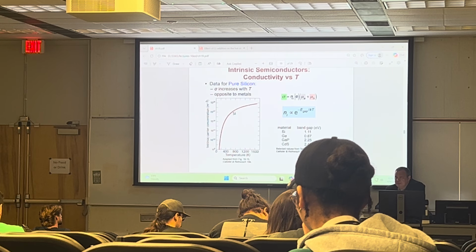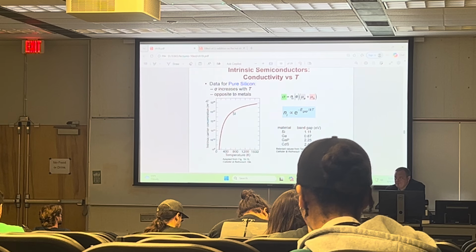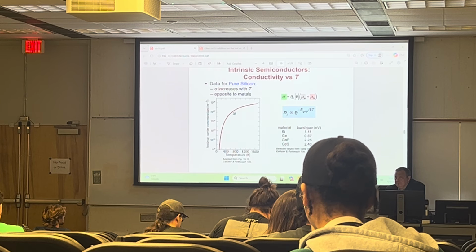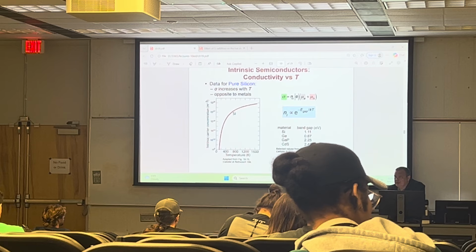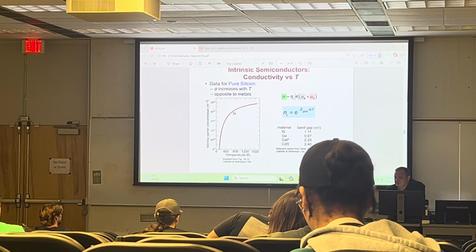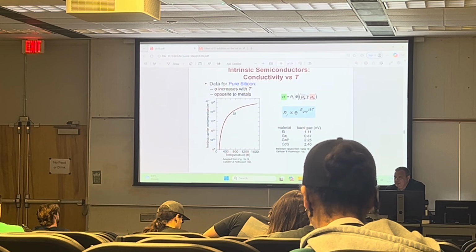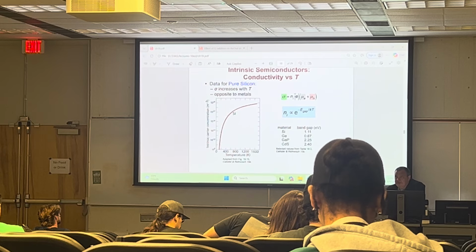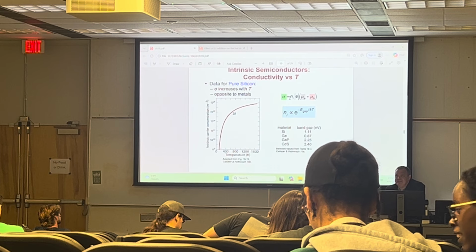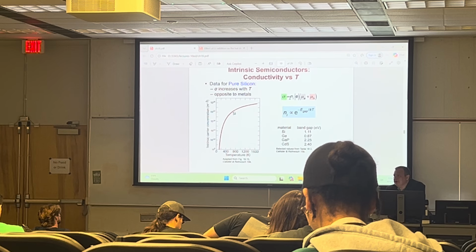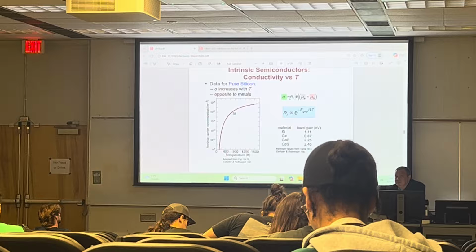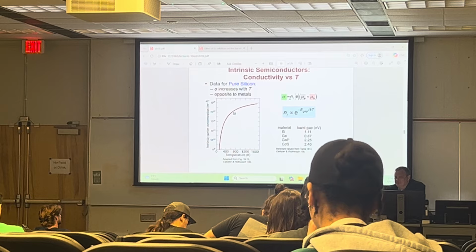N sub i is the total number of carriers, right? They have different mobility. Electron and hole is different. But the number is the same. So this is the key of the intrinsic semiconductor, the number of electrons being equal to the number of the holes.